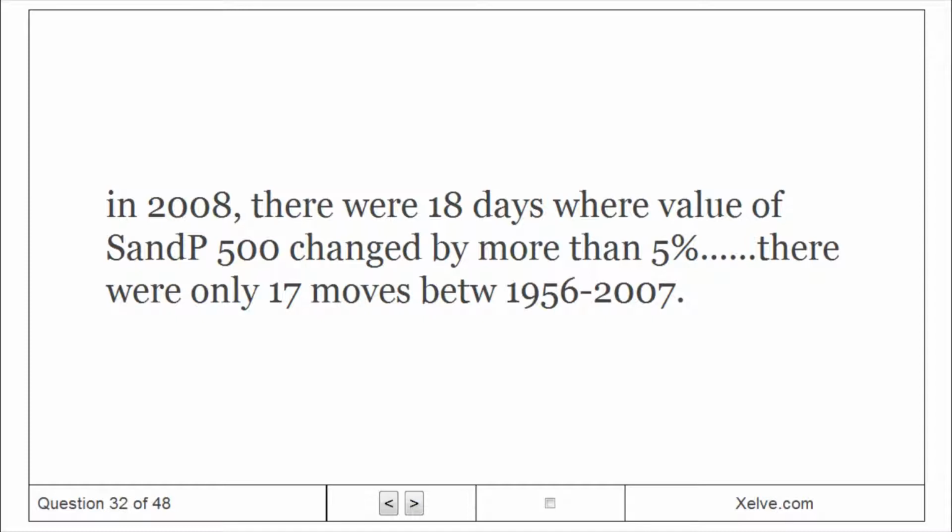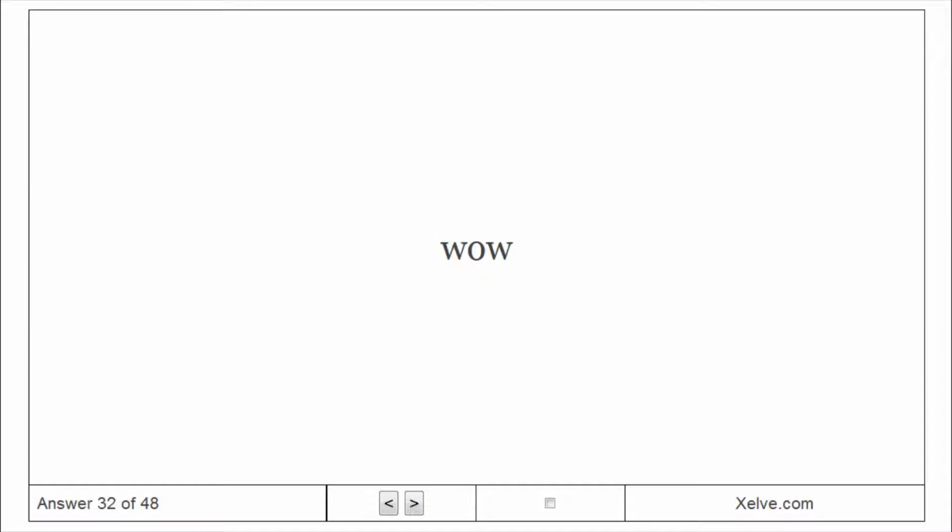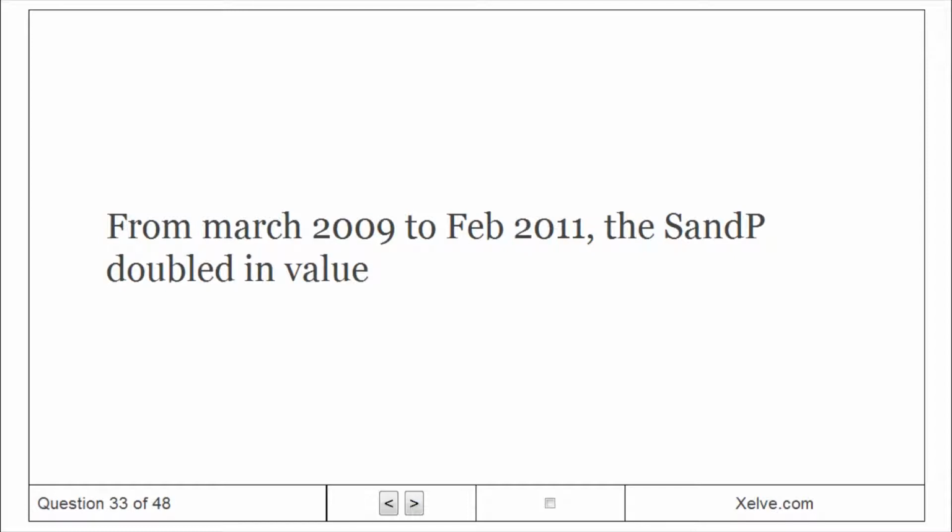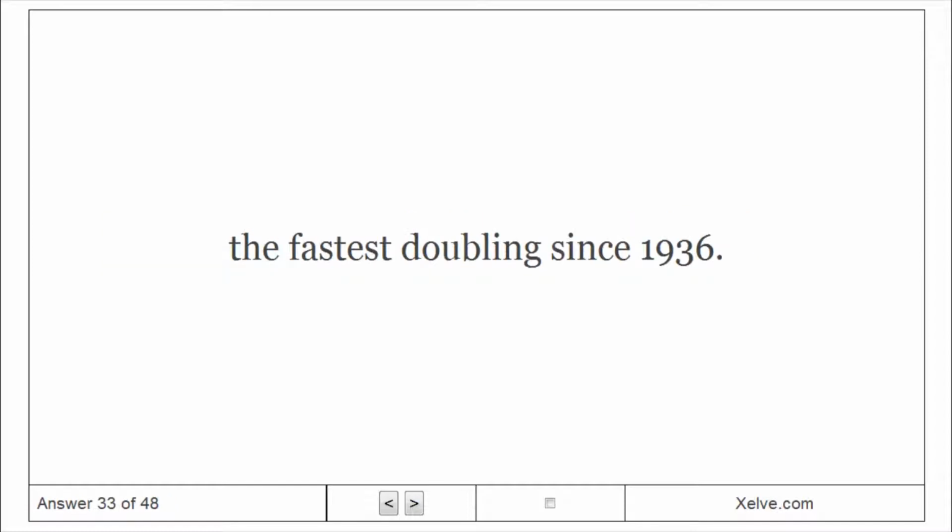There were only 17 such moves between 1956 and 2007. Wow! From March 2009 to February 2011, the S&P doubled in value, the fastest doubling since 1936.